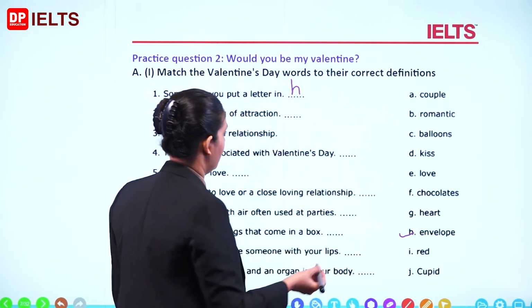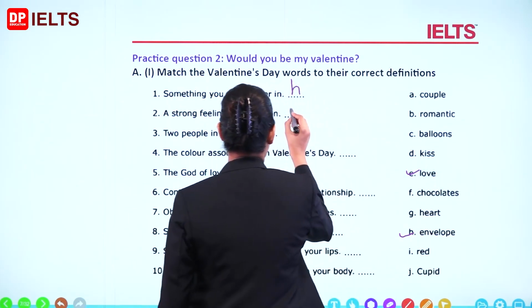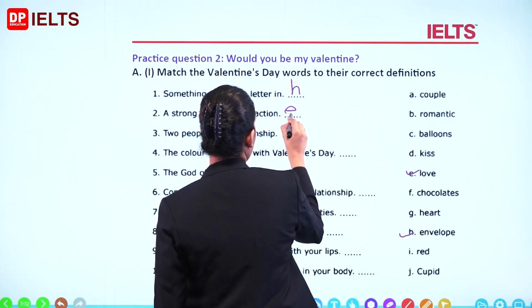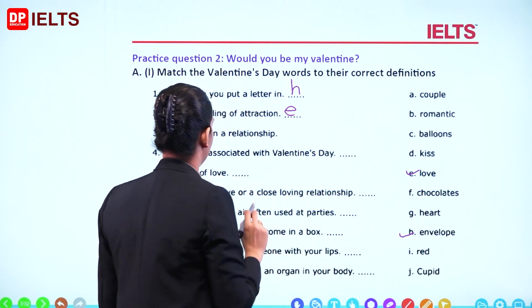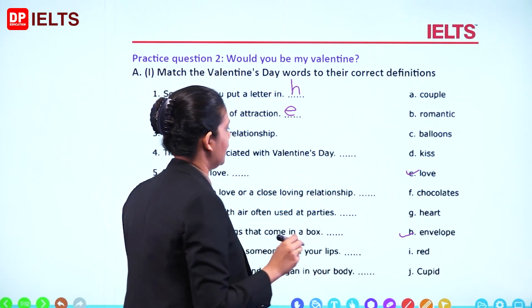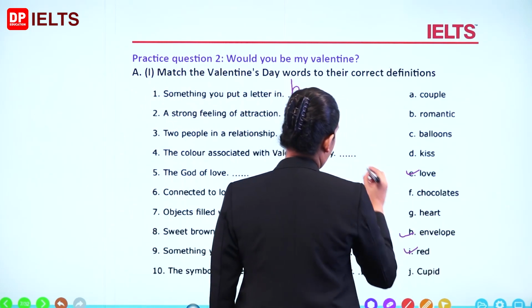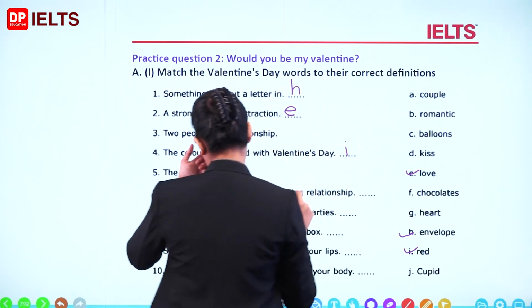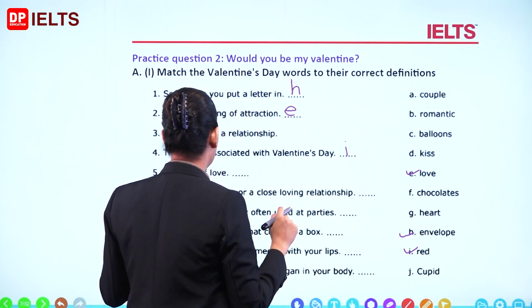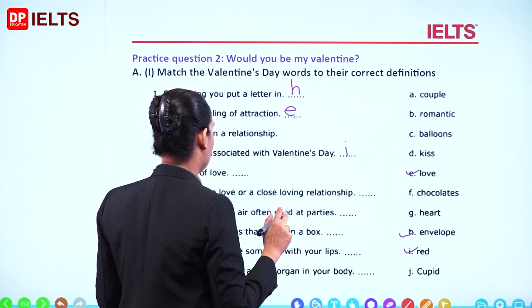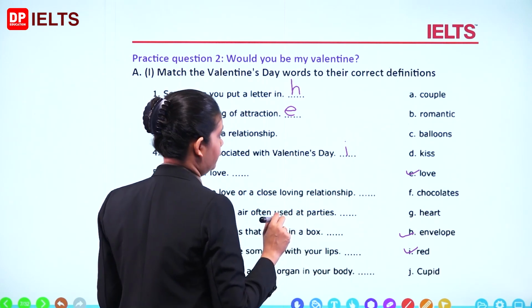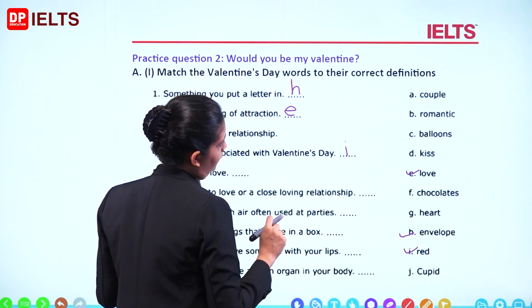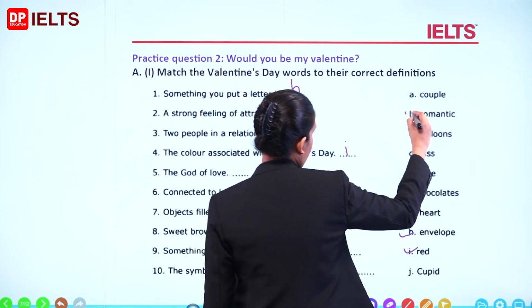I would say love. The color associated with Valentine's Day is definitely red. රතු පාට තමයි Valentine's Day එකේ තියෙන්නේ. Connected to love or a close loving relationship. Romantic.